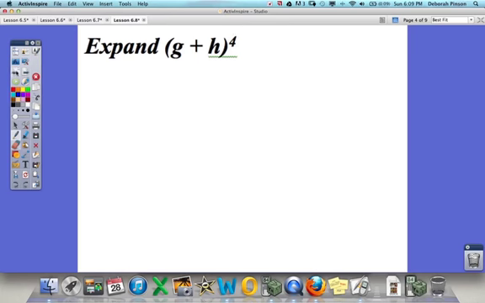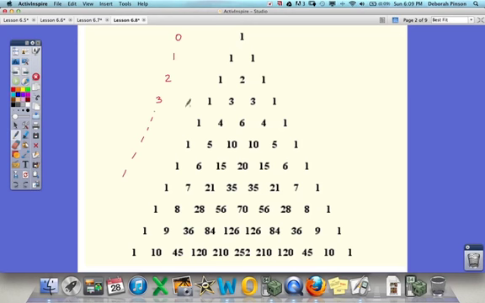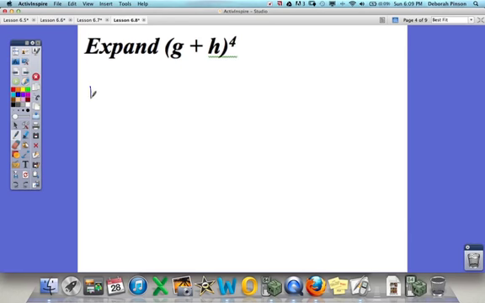Okay, so to the 4th power, so I'm going to look at Pascal's triangle, and I didn't continue it on, but this would be the 4th row, which would be 1, 4, 6, 4, 1. And I'll go ahead and put my plus signs in there. Alright, so the first term, I'm going to start to the 4th power and get smaller.